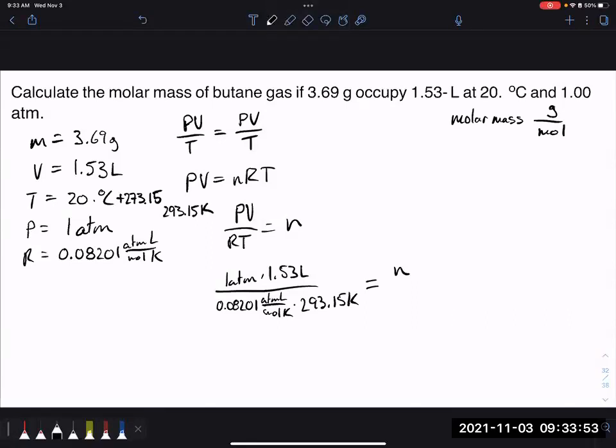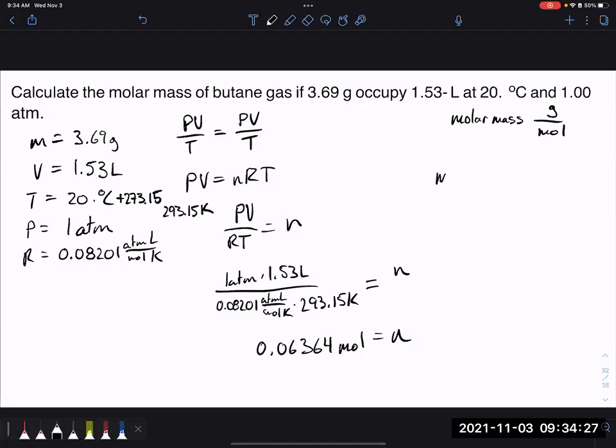So 1.53 divided by 0.08201 divided by 293.15 will give us 0.06364 moles equals n. And then we can do 3.69 divided by what we got for our number of moles.